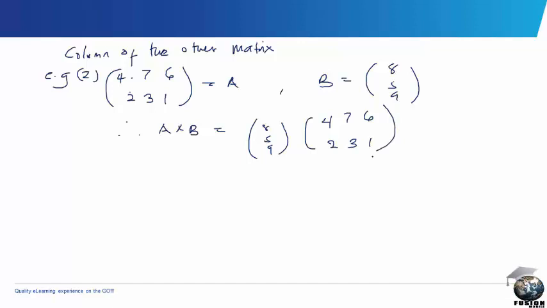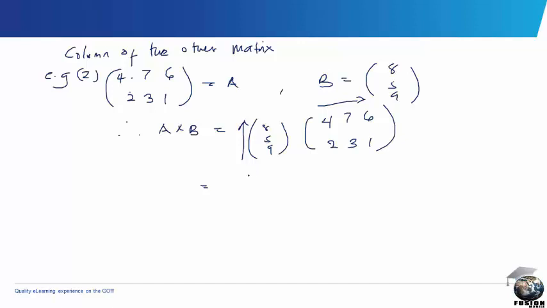Alright, the multiplication goes this way. This matrix multiplies this. Let's take, for example, 8 5 9. The first multiplication there is as follows.